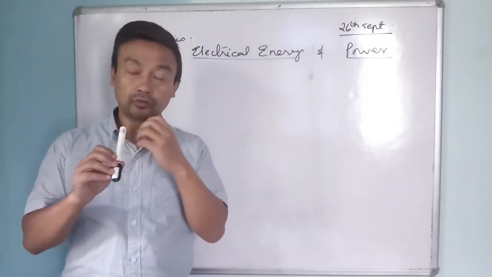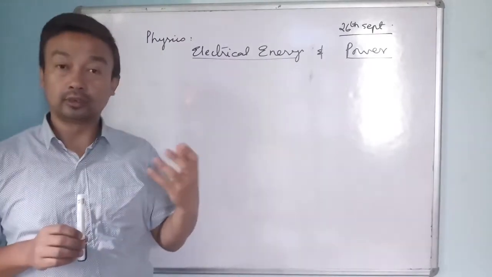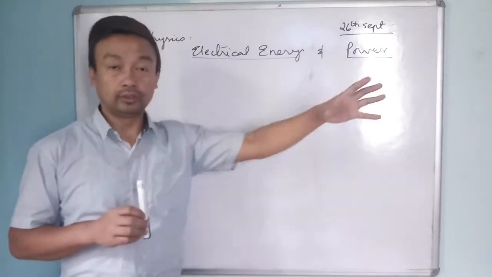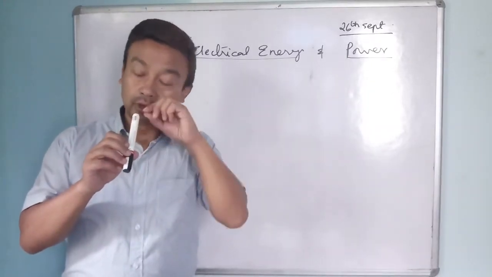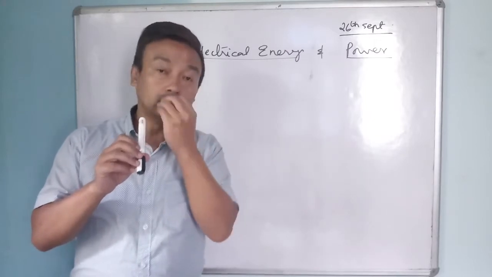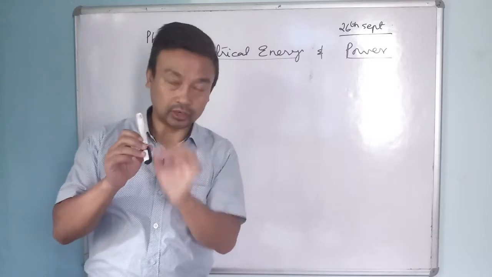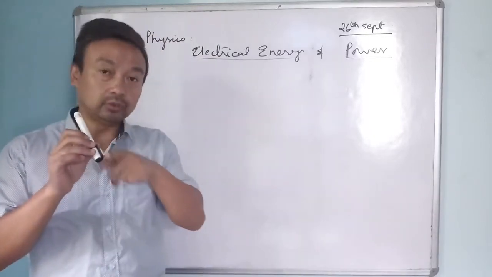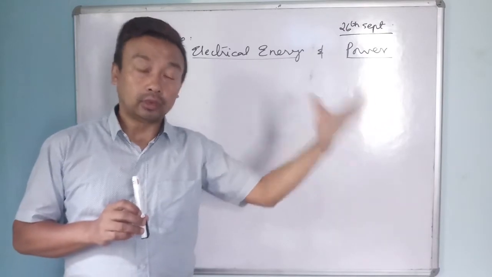We use a microphone to speak, especially in a public function, and there is a loudspeaker. When you are speaking, your sound enters the microphone in the form of electrical pulses, like an electrical wire or the charges. That electrical energy is transferred and comes out in the loudspeaker in the form of sound energy.